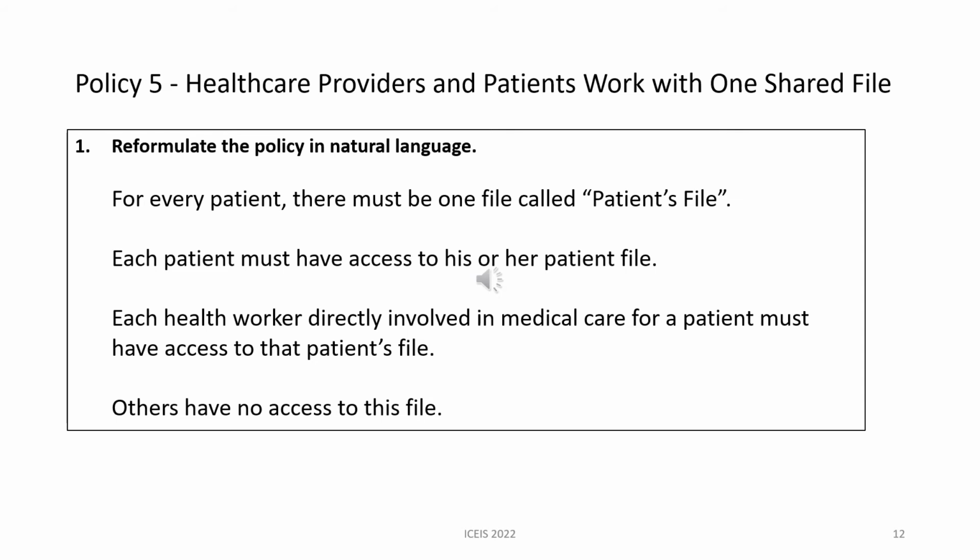Each patient must have access to his or her patient file. Each health worker directly involved in medical care for a patient must have access to that patient's file. Others have no access to this file.